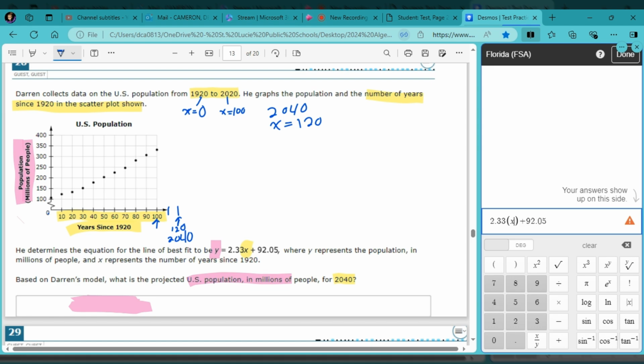And I'm going to back out my x, and I'm going to put in x equals 120. So really it's like I'm evaluating a function where x equals 120. I'm just using a little logic and word problem with that. And it gives me the answer. It's equal to y. And it's 371.65 millions of people.